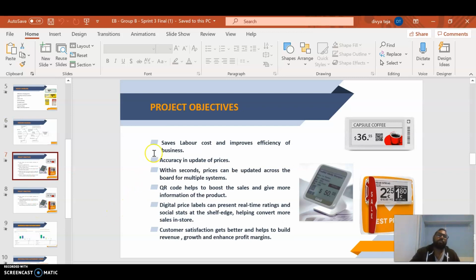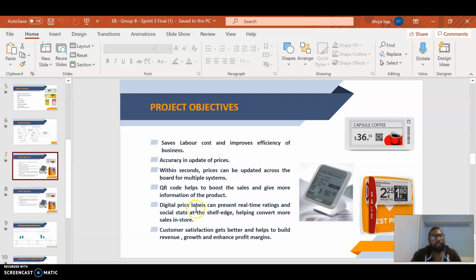So these are the project objectives. We want to save labor costs for the retail sector and maintain accuracy by using e-tags. You can see a small QR code here where my cursor is. This QR code gives more knowledge of the product, and if you scan it, there are many apps in the market that redirect you to the main page where you can find more information about the product.